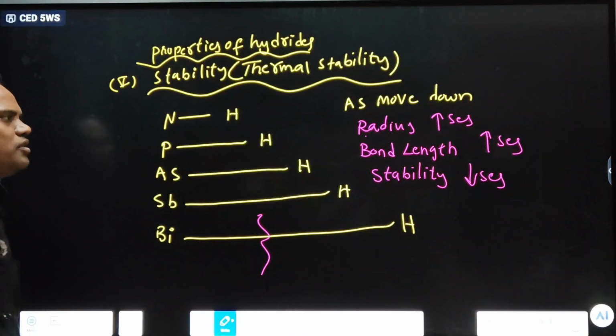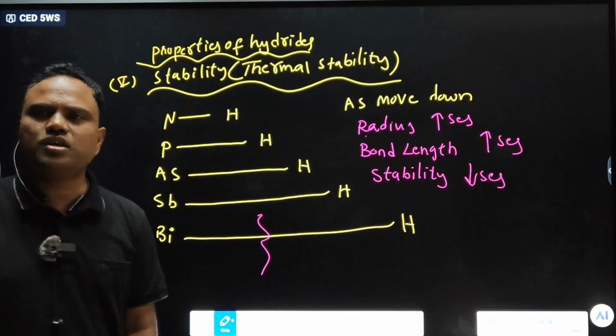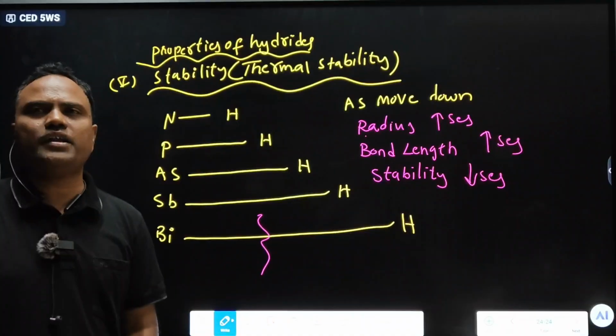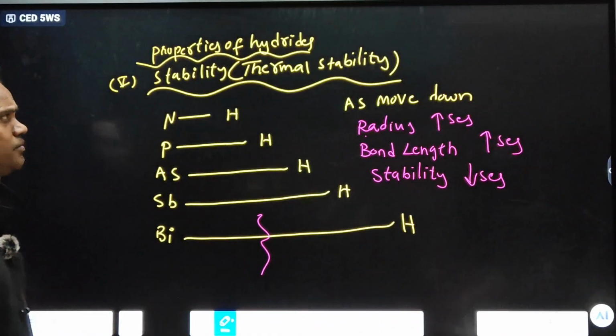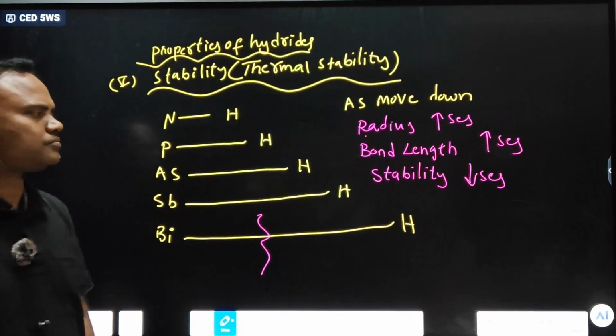So which is the more stable hydride? NH3. Yes or no? NH3 is the more stable hydride, more stable or thermally stable.